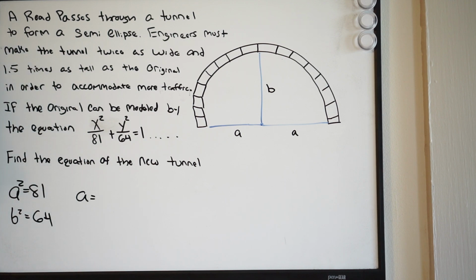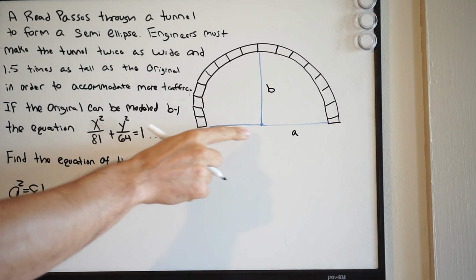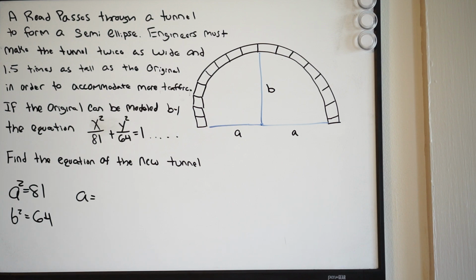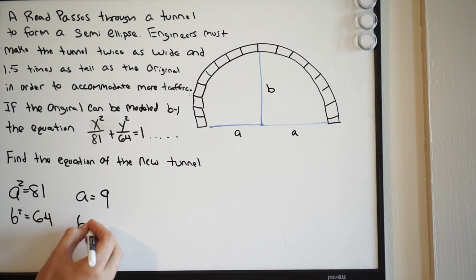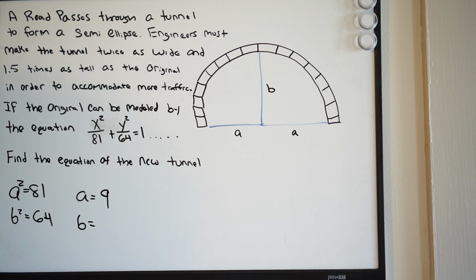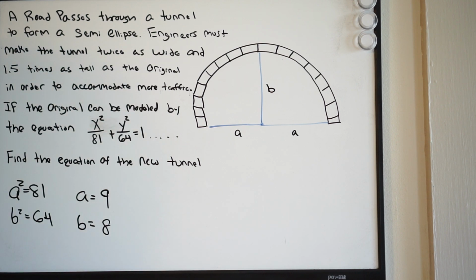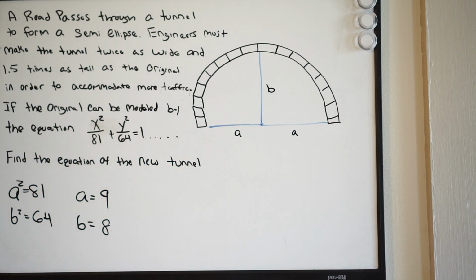However, we know that we're dealing with a distance here because we're talking about the vertex going to the center. That's a distance, so we're only picking the positive one here, so this will be 9. Our b value will be, in this case, plus or minus 8. Again, we're only picking the positive, so we're just going to have positive 8 here. That's talking about the distance from the co-vertex to the center. All right, so we have our a and b values.